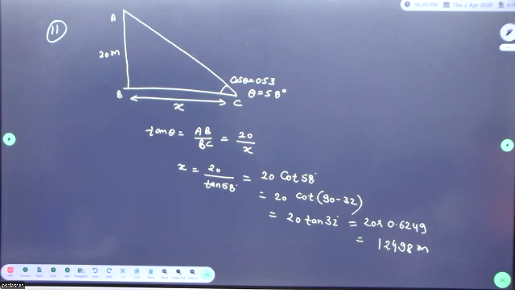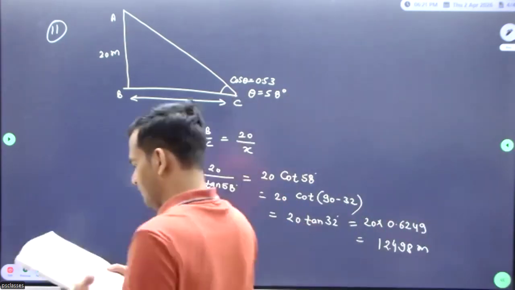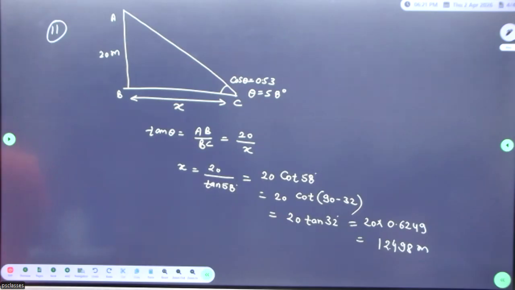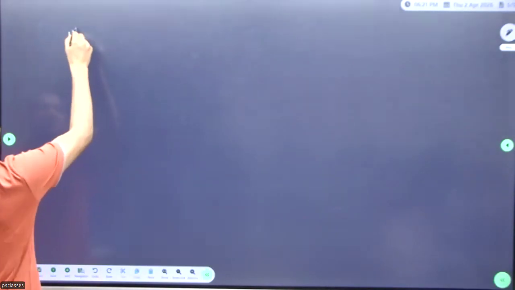This is number 12. This one, 13. So see question number 13. Figure is given to you. AB is equal to 60 meter. Question number 13.